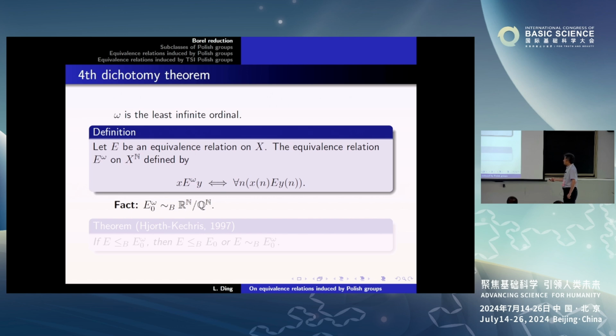It means that X and Y are equivalent if and only if Xn is equivalent to Yn for any n. Then we only need to consider E0 to omega because E0 is bireducible to R over Q. So E0 to omega is bireducible to R to the N over Q to the N.